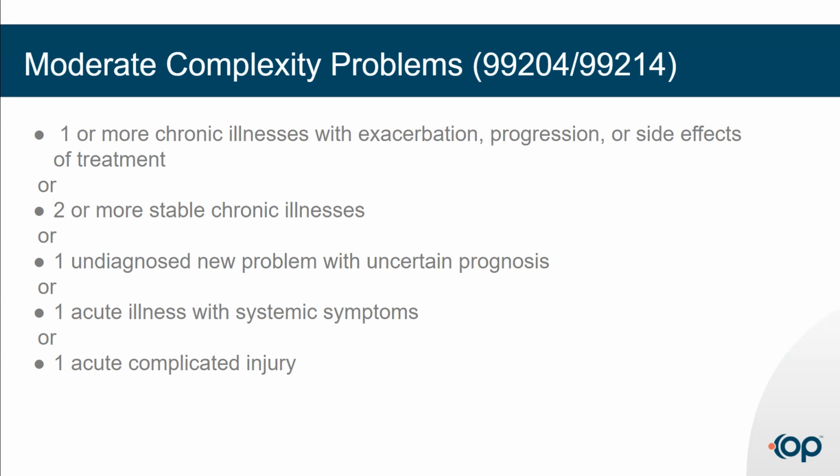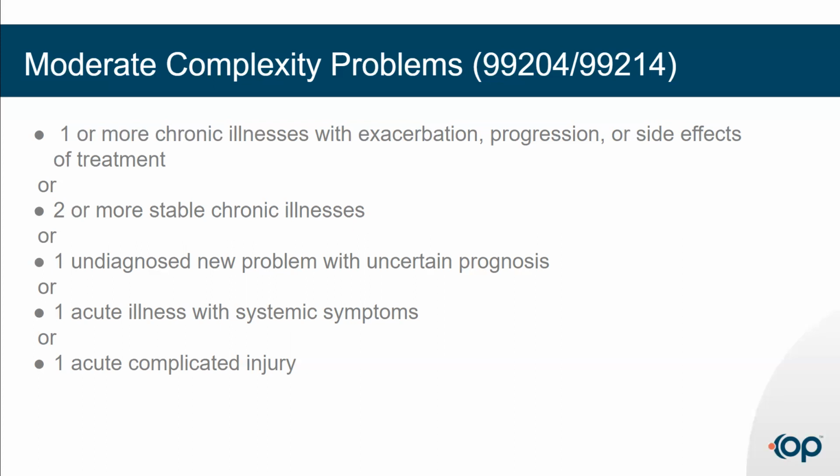An undiagnosed new problem with uncertain prognosis, abdominal pain, which you're not really sure what's happening, and you order some tests. Even if you're starting with constipation management, but you're not sure, that's uncertain. Systemic illness is tricky for pediatricians because it is supposed to be that the systemic symptoms change the management or complexity of your thought process.